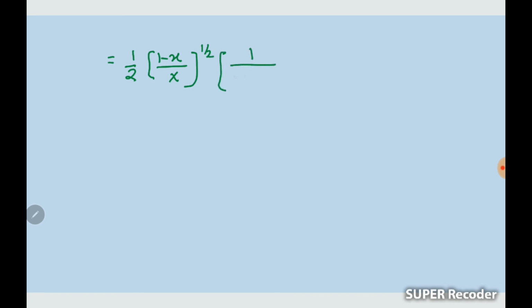Therefore, you will get 1 over 2, (1 minus x over x) to the power of 1 over 2, multiply with 1 over (1 minus x) squared.